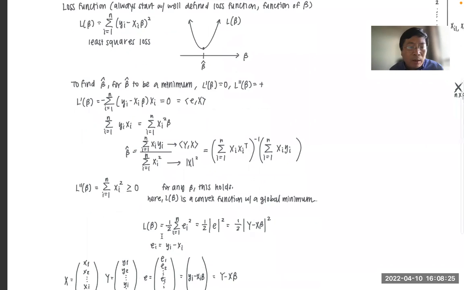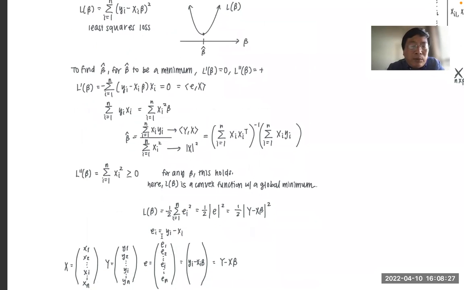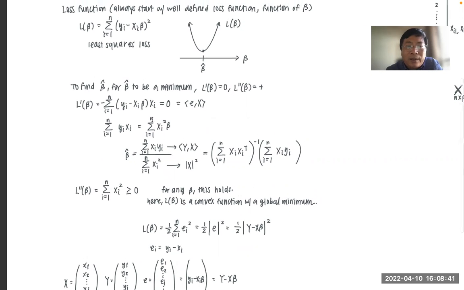And then we can also compute the second derivative, which is the summation of xi squared, so indeed this second derivative is positive. And this is true for any beta, and certainly it is also true at beta hat.